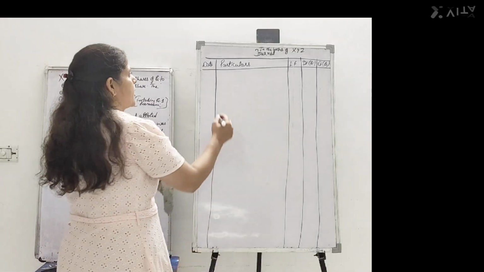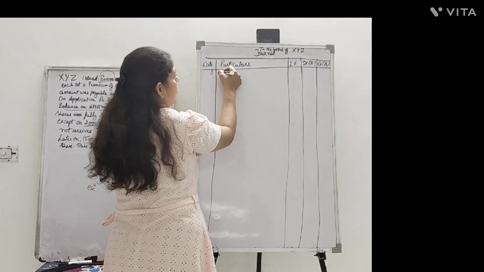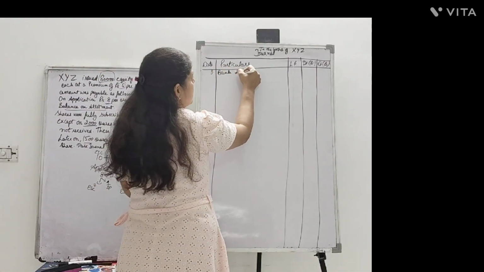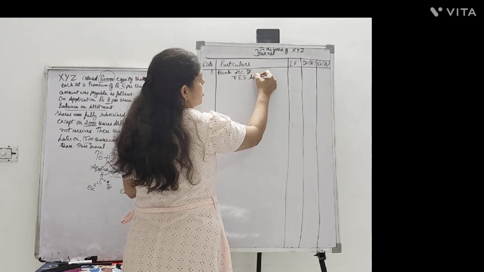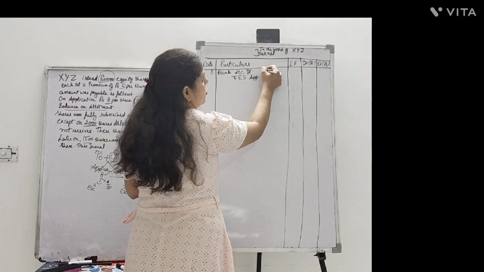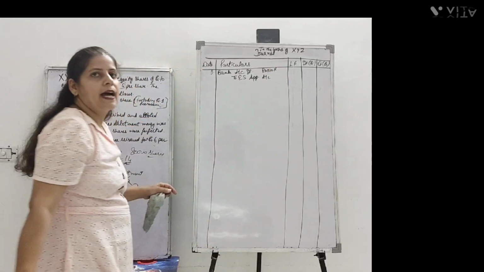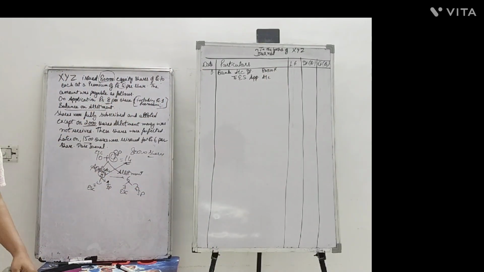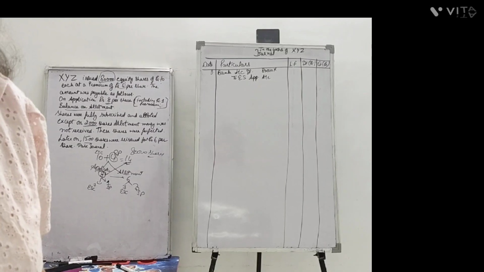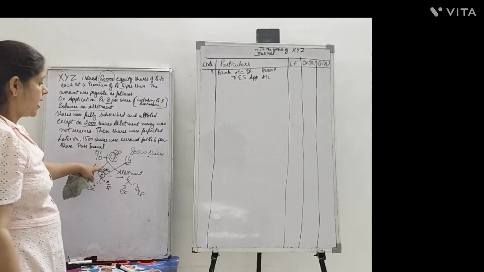So the first journal would be, guys, bank account debit to equity share application account. Equity share application account is taken for 80,000 multiplied by the value on application, that is rupees 8. You have to write that for your help only.